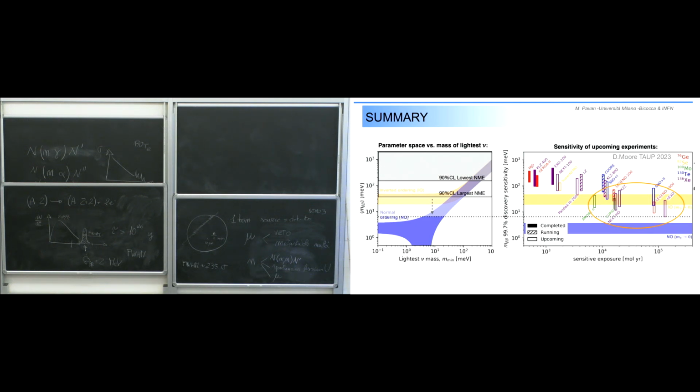So if this parameter in nature has a value in this region, neutrinoless double beta decay is faster, and it's easier to detect simply because I have more events.